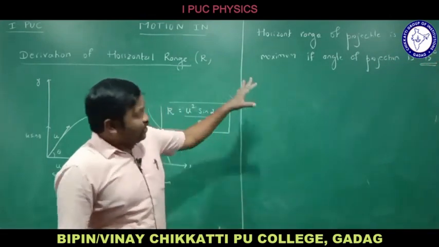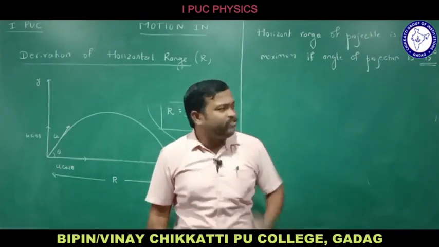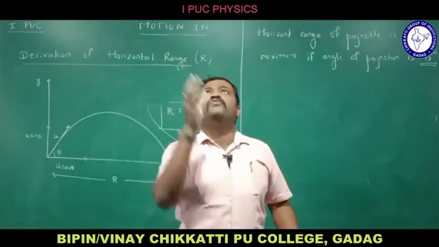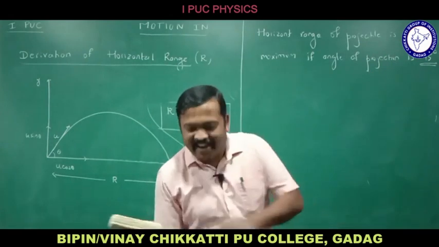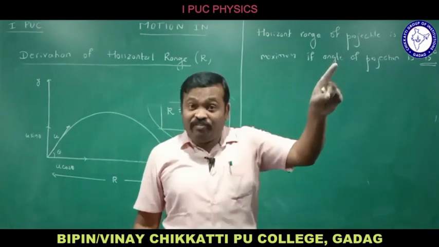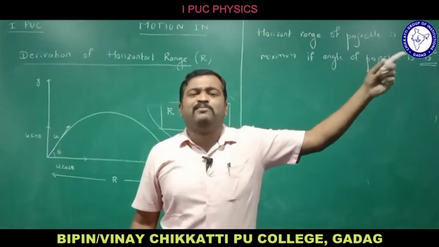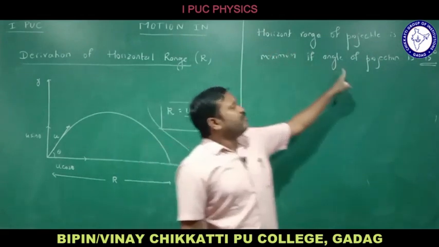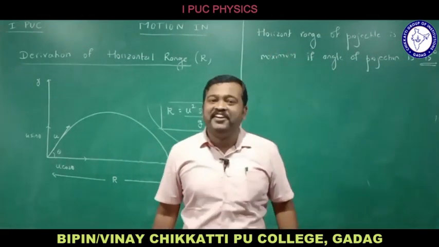If you want to throw at a larger distance, we need not throw it at 90 degrees. We need to throw in such a way that the angle of projection is 45 degrees. If it is 45 degrees, it will reach the maximum distance. When will the body reach the maximum range? When the angle of projection is 45 degrees.